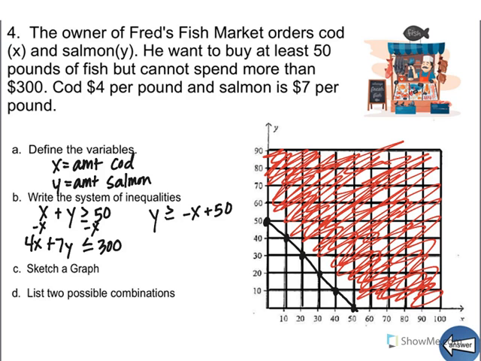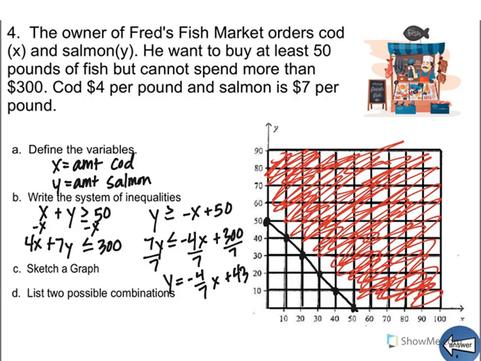Okay, so changing the next one, this would be 7y is less than or equal to negative 4x plus 300. Divide by 7. So y is less than or equal to negative 4/7 x plus, should be about 43. When we divide, I don't have to be super exact here.